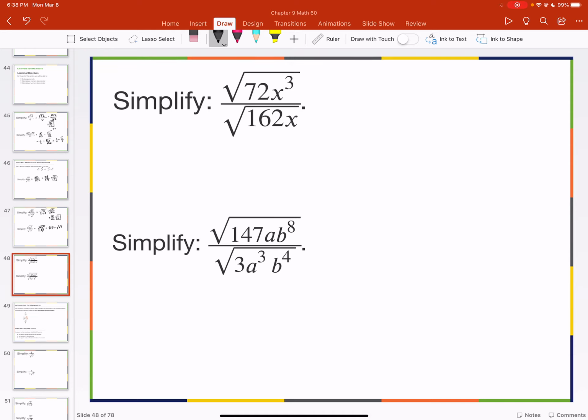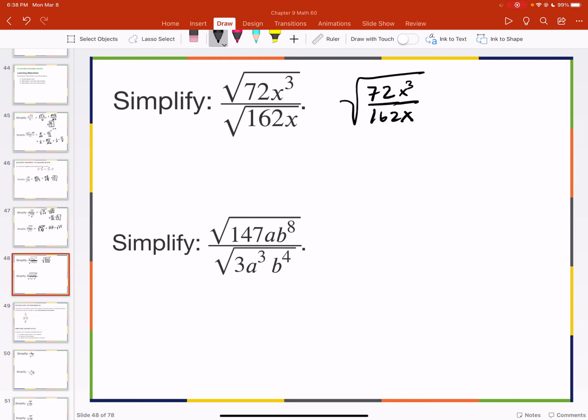Okay, so similarly here, we have the square root of 72 over 162, and then x cubed over x. Now, can we simplify this?